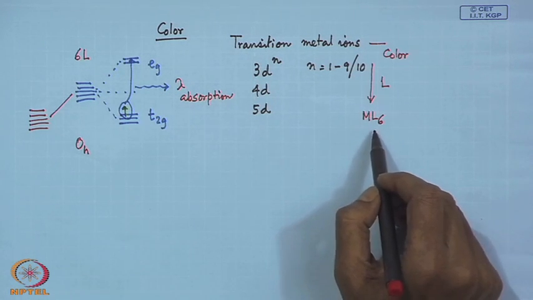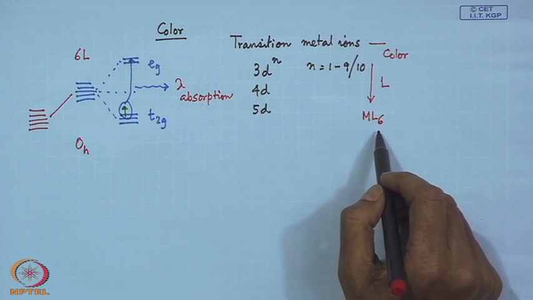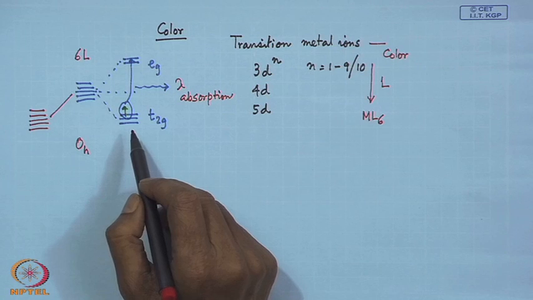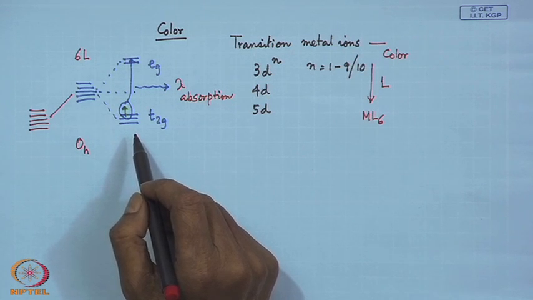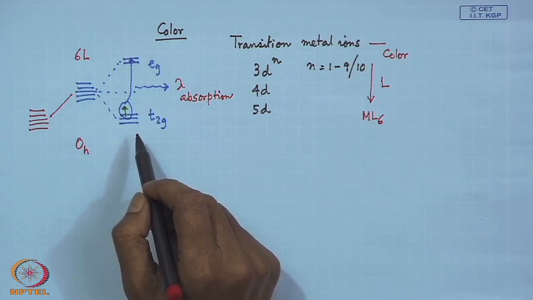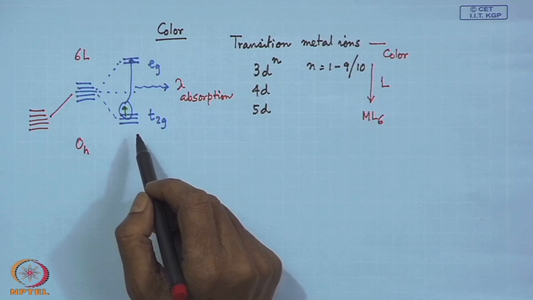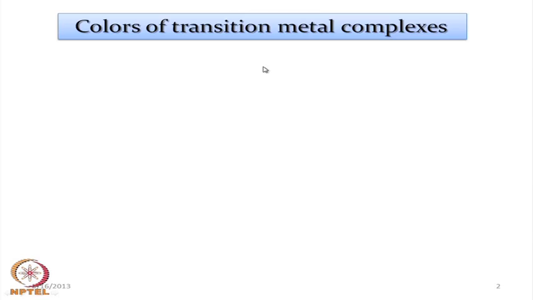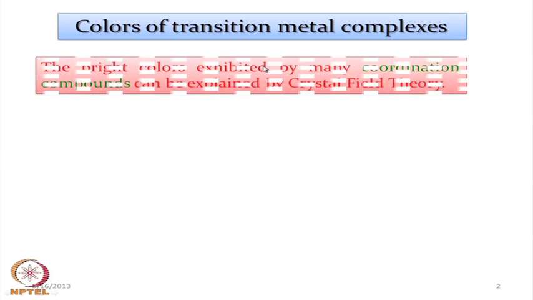Within this compound we will be able to see some color due to this sort of transition. What type of transition we can have, and whether all these transitions are allowed or not, that we will see if we know very critically the corresponding color of these complexes.